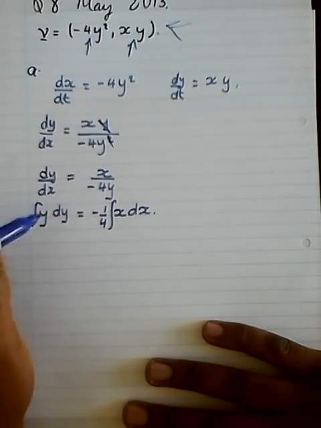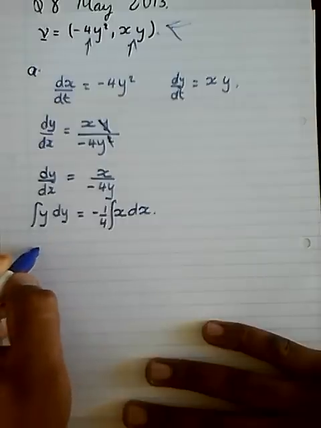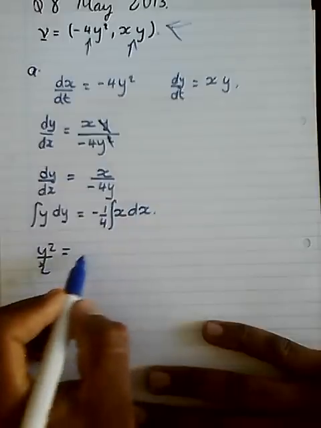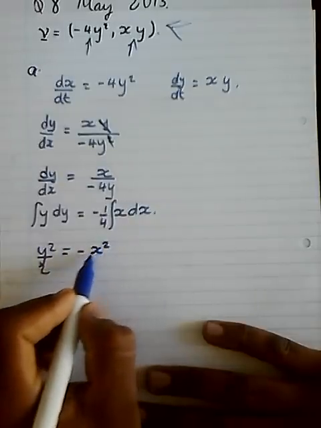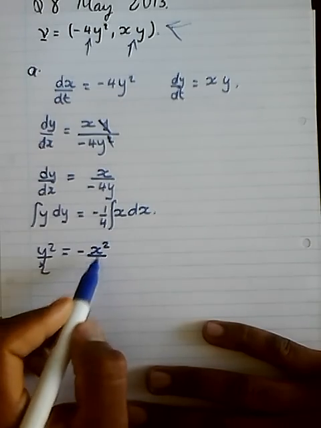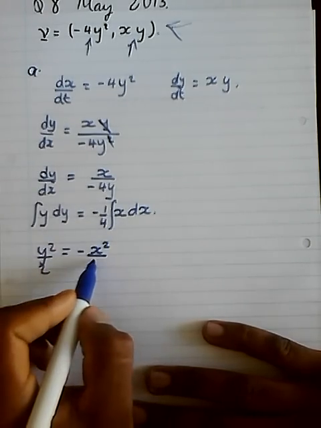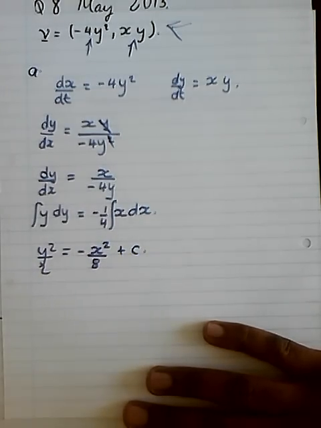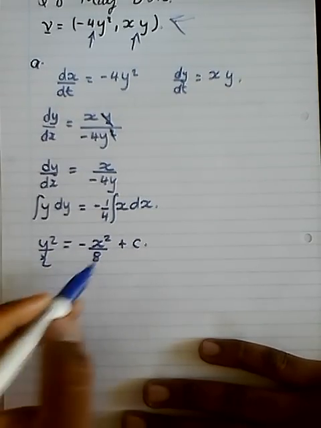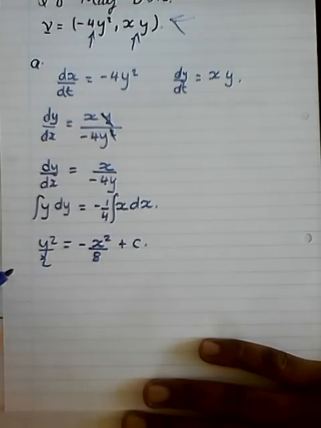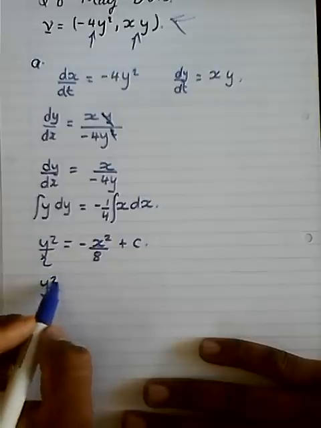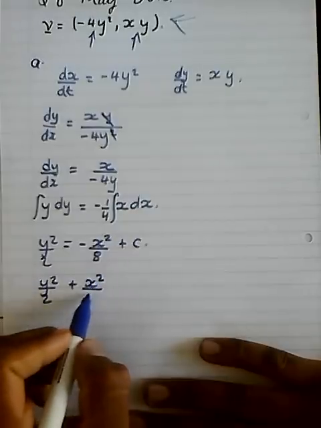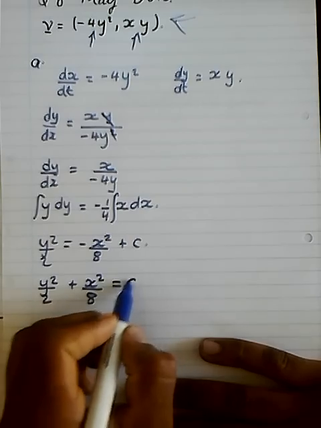This is a constant, we take it out, integrate both sides, and that will give us y squared over 2 is equal to minus x squared over 2, and that 2 will be multiplied by 4, so it's going to give us over 8, plus c. Now when we take this x term to the left hand side, we have y squared over 2 plus x squared over 8 is equal to c.